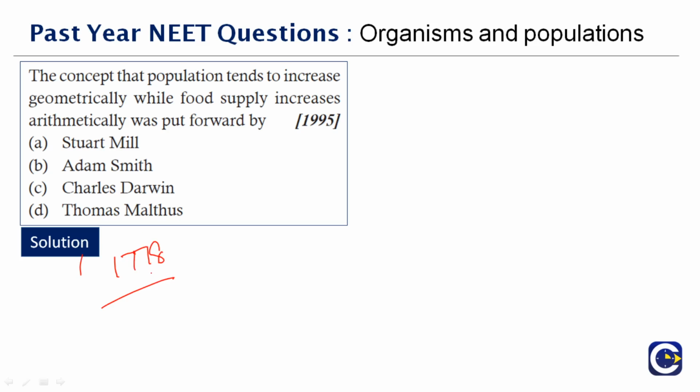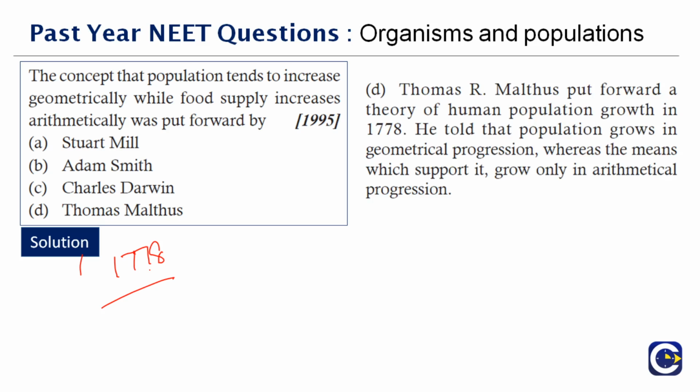He told that the population grows in geometrical progression, and what happens when the population grows? The food supply, there will be a demand for food, right? So all this was clearly put by Thomas Malthus in the year 1778 itself. See how much he can analyze about the future and talk.